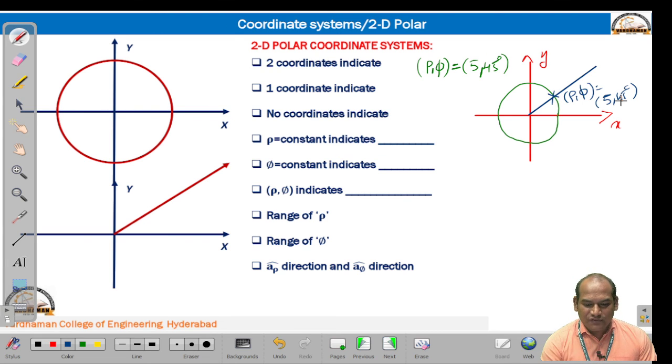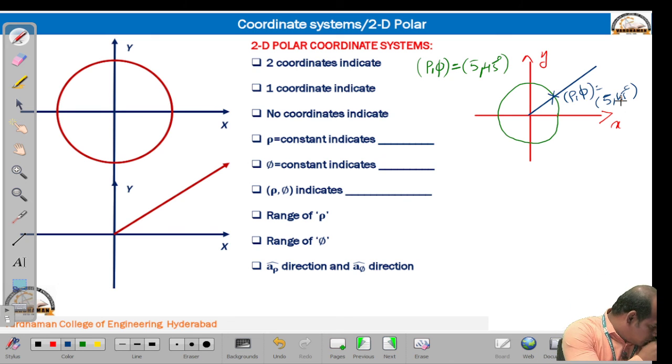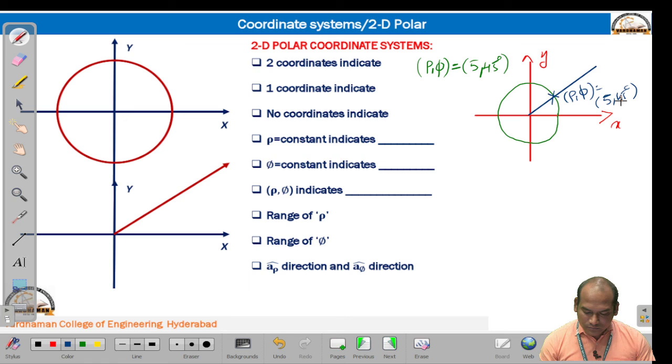Two coordinates if I give, that is representing a point. One coordinate, that means if I give the rho value, that is representing a circle.